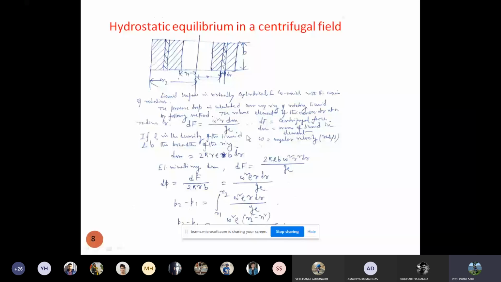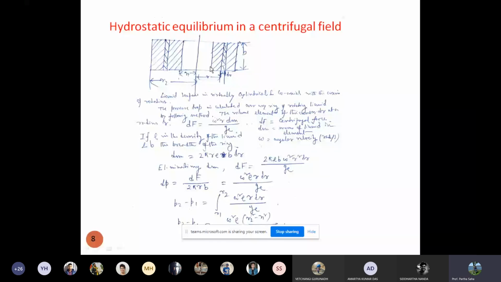You don't really need gc, but I include it in case you are calculating in other units. Now, rho is the density of the liquid, and b is the breadth of the cylindrical bowl.